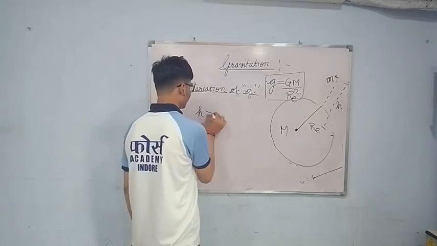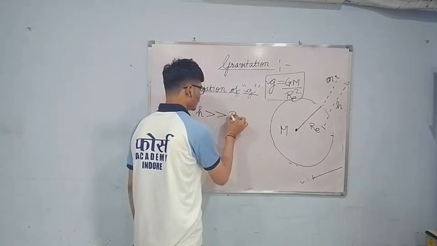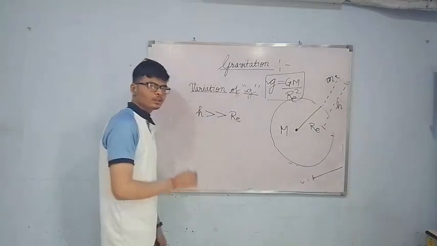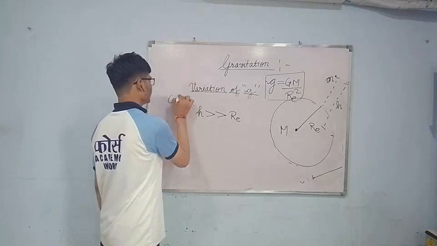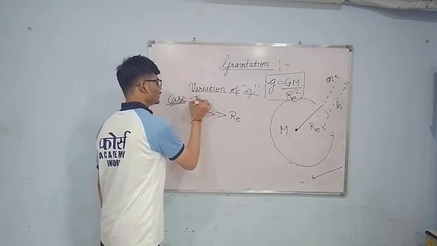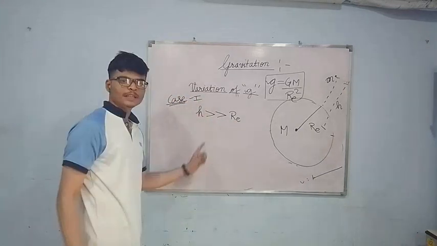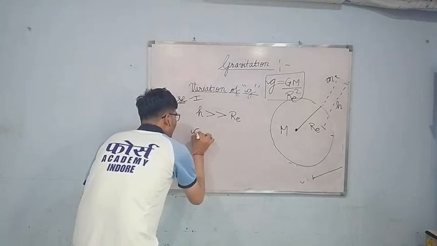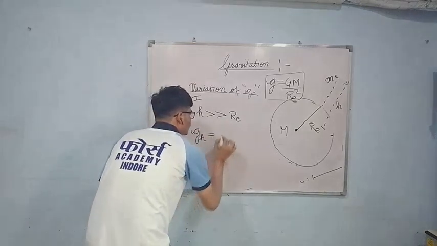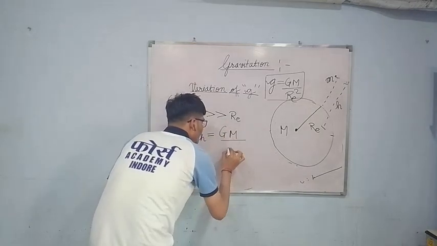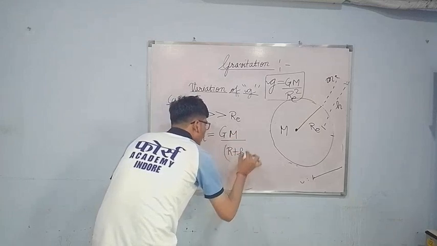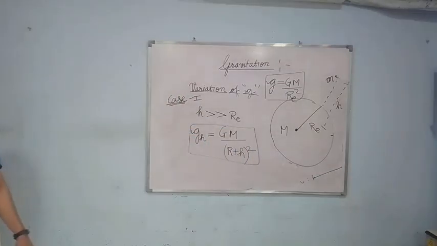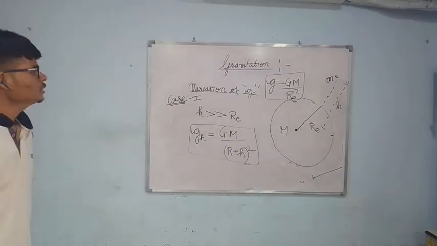Case number first: when the height of an object is much greater than the radius of earth, we take g_h equal to GM by (R plus h) whole square.